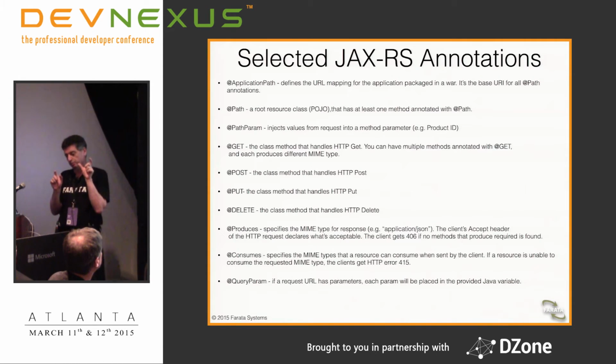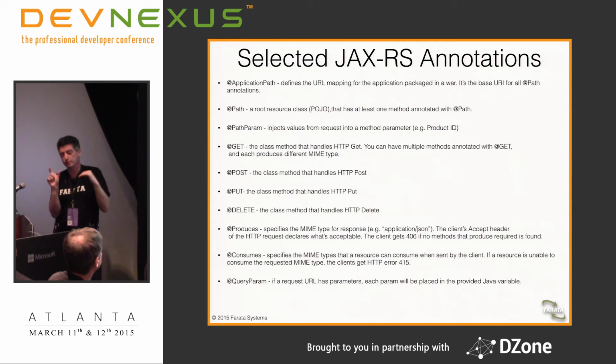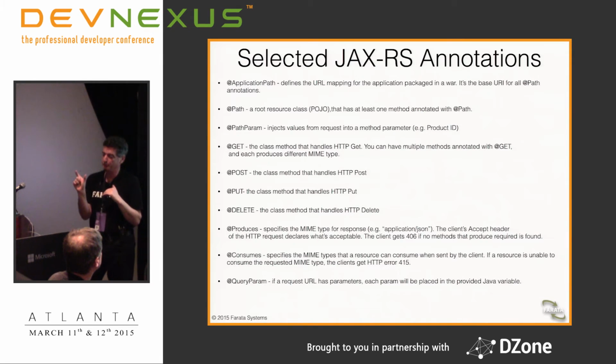HTTP, port, slash and then a word. Whatever the word is there, you put in the small class with the ApplicationPath annotation. So whenever your Java server receives a request that contains this particular fragment, it'll understand, oh, it needs to be routed to this REST service.